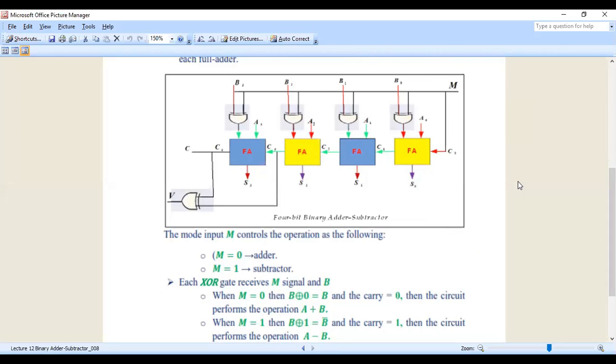In the first unit we did it only manually, that is, take the 2's complement of B and add it to the minuend. But here we discussed how the circuit diagram implements the binary adder and subtractor.